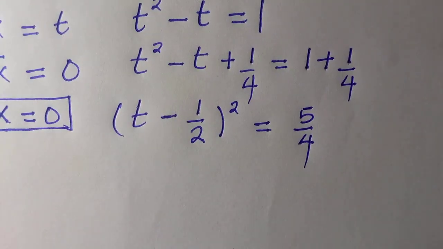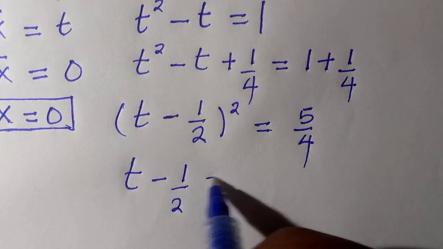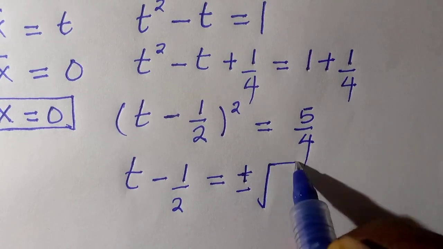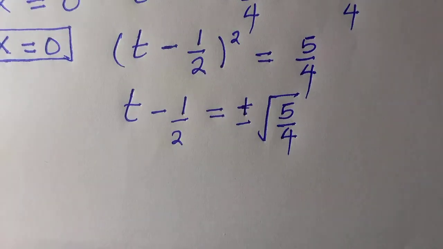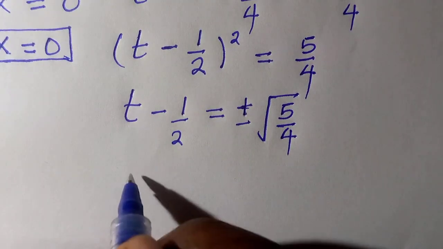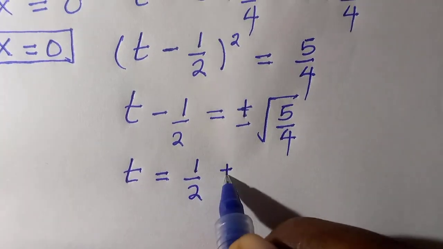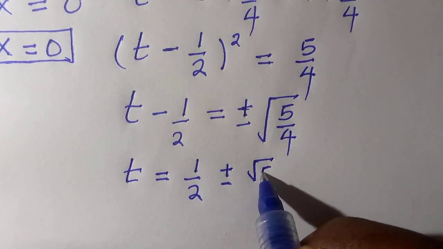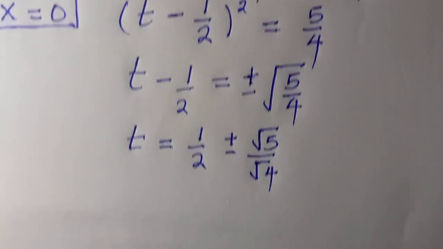By taking the square root of both sides, here is t minus 1 over 2 equals plus or minus square root of 5 divided by 4. So we transfer this minus 1 over 2 to the right hand side, and we have t equals 1 divided by 2 plus or minus. We separate this as square root of 5 divided by square root of 4.